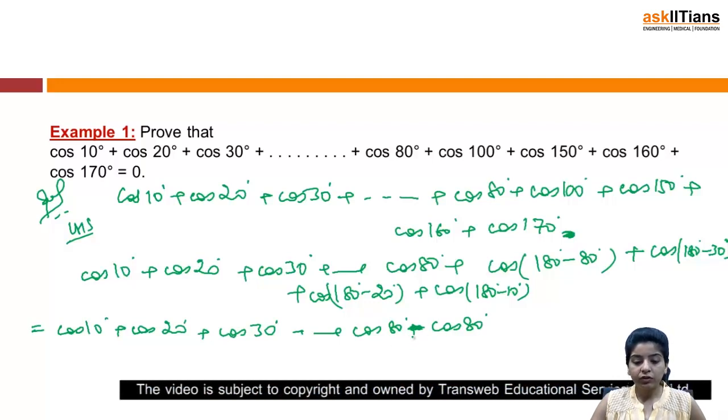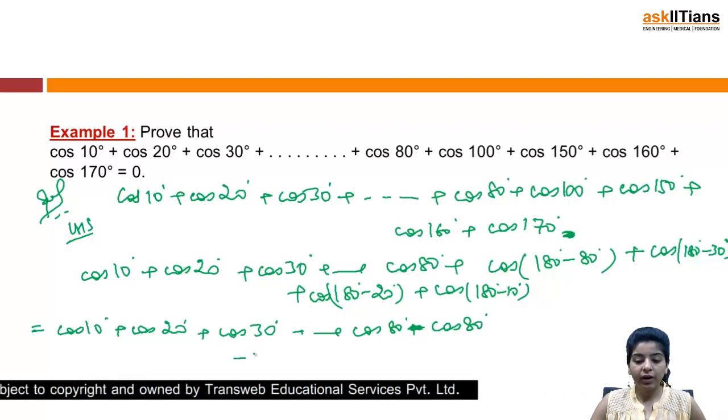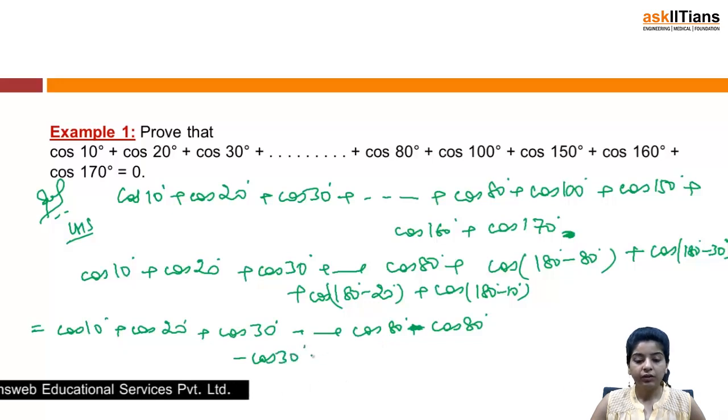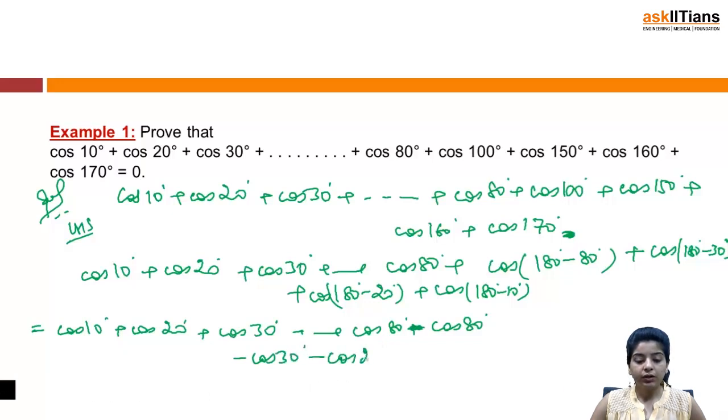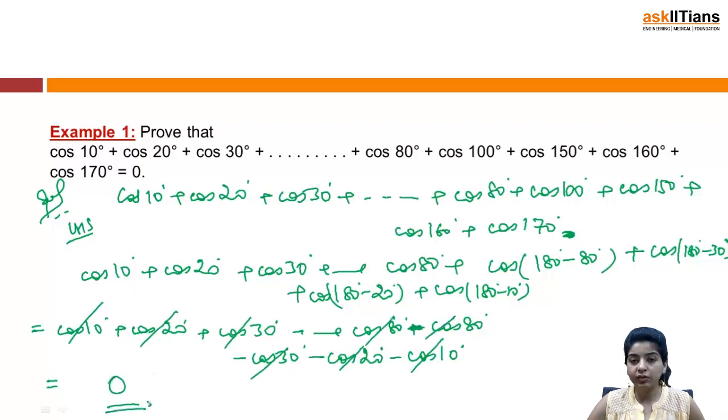So I have minus cos 80 degree, then minus cos 30 degree, minus cos 20 degree, minus cos 10 degree. The same reason applies in these functions also. So basically what we are left with is cos 10 gets cancelled, cos 20 gets cancelled, cos 30 gets cancelled, cos 80 gets cancelled, and so we are left with 0. So we get the result as 0.